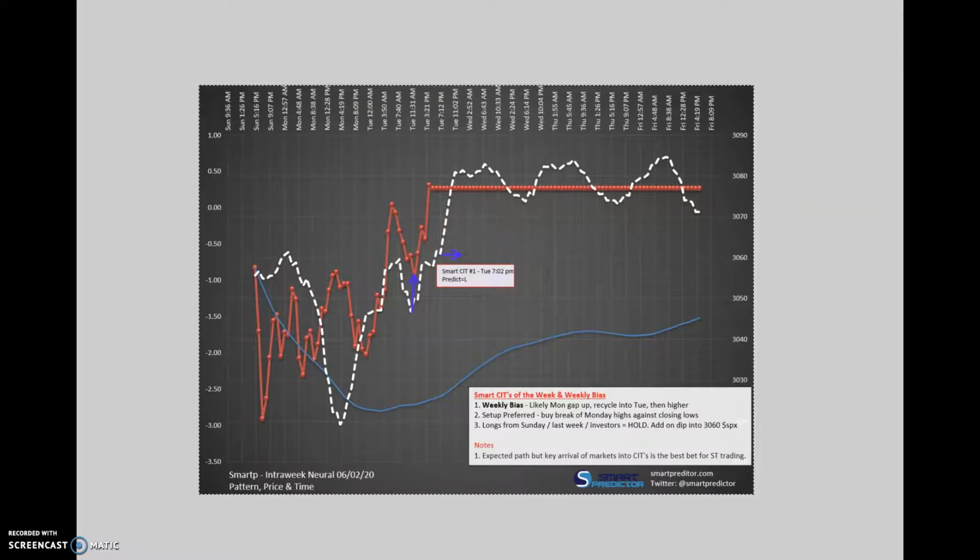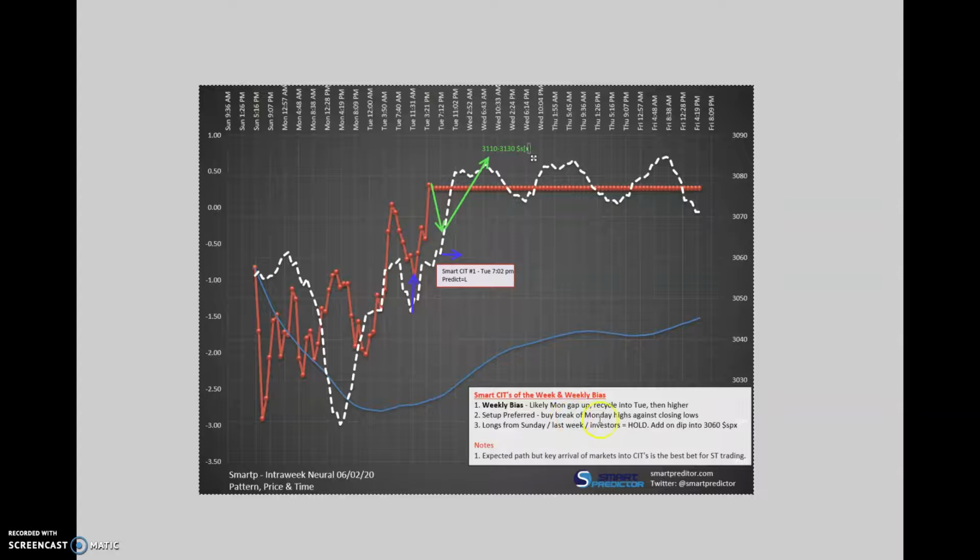So it is possible that market does something like this after hours before moving higher and logging 31 and plus, something like that.